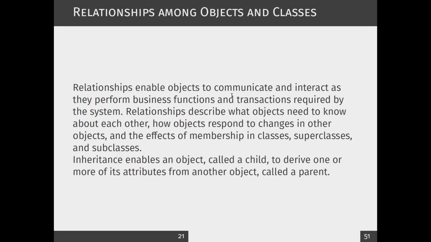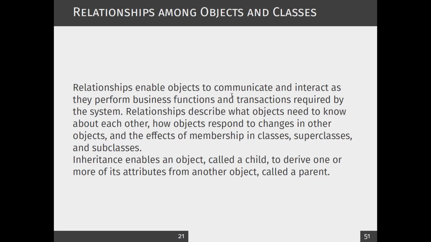Now, let's look at the relationships. We know that when we have objects, we need to communicate and interact because we want to perform some business functions. And then we can use relationships to describe, and then we can talk about the changes. We can make changes to other classes.